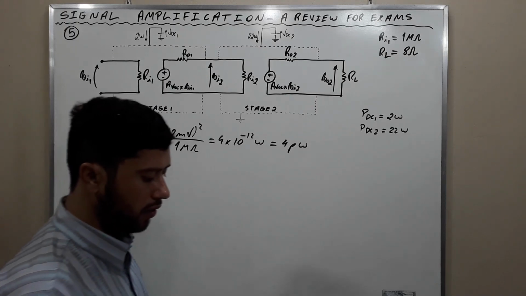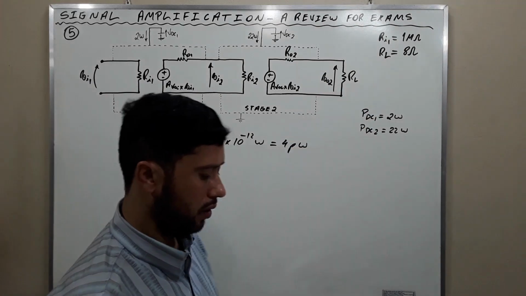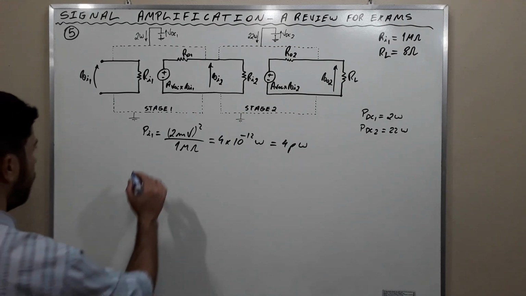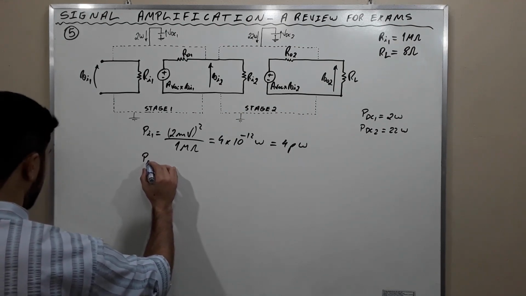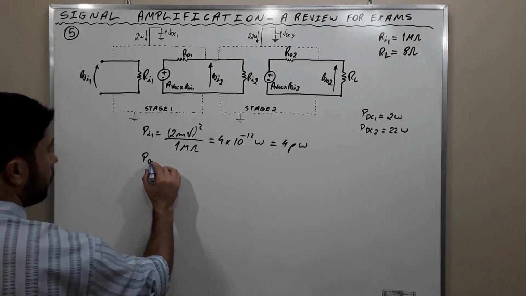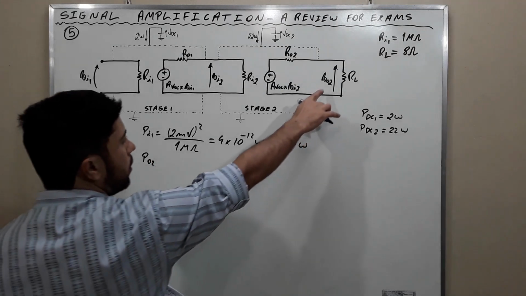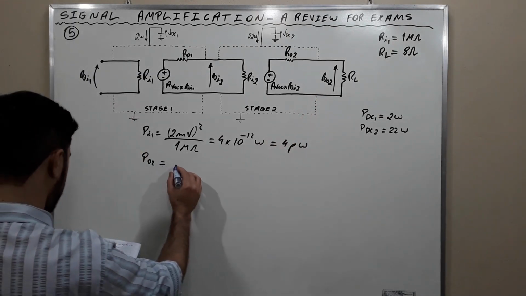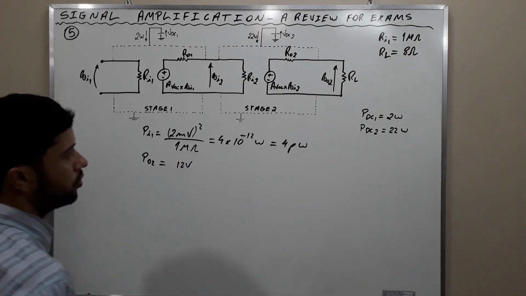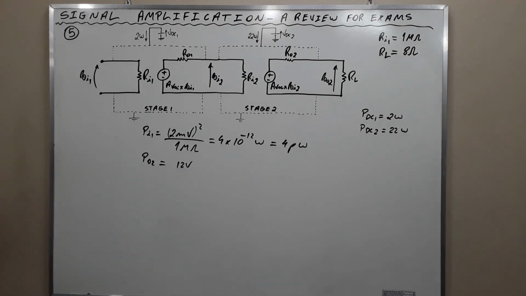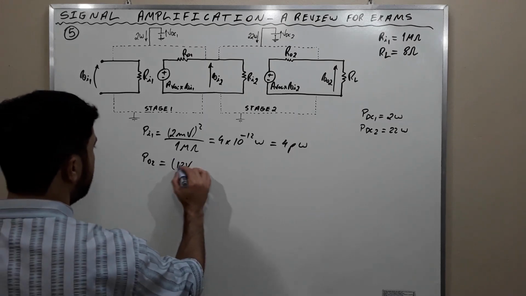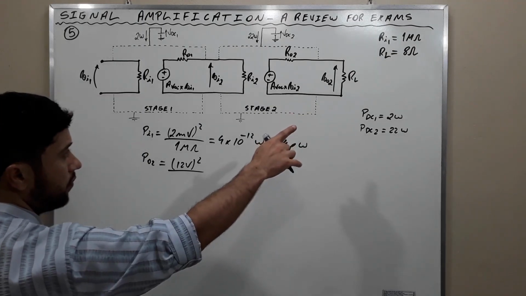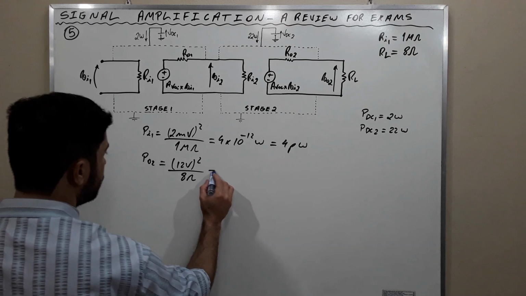The output power is the power dissipated in the load resistor, PO2, following the nomenclature here, which is equal to 12, the voltage that the exercise gave us already in RMS, squared, divided by the resistance, which was given as 8 ohms.